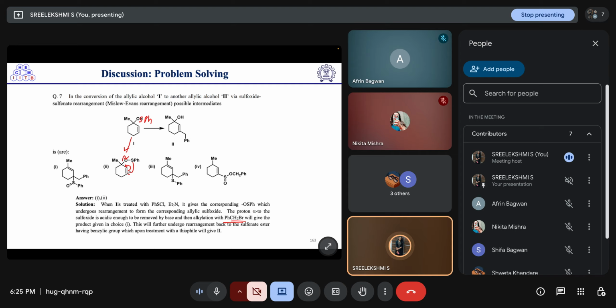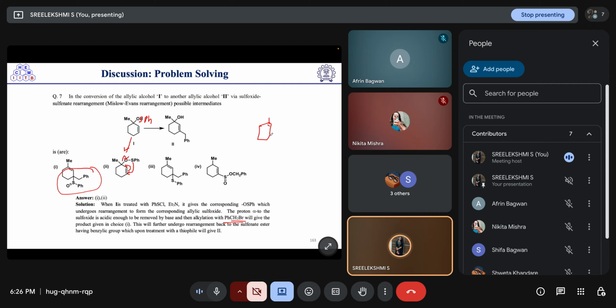So this proton over this center, which is alpha to the sulfoxide, will be acidic and that will be abstracted, and it will attack this CH2, and Br minus will leave to form this intermediate. So that will happen through this.